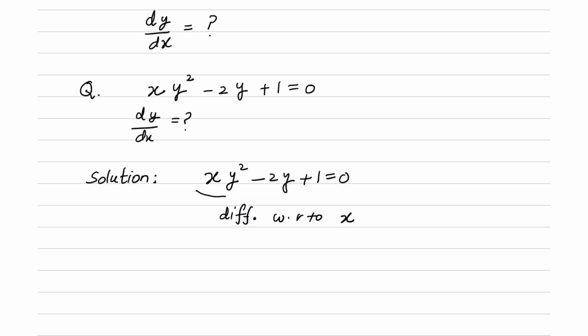Now see this term. This term is written as the product of two terms, x and y square. Whenever two terms are being multiplied, to find the derivative, we will have to apply the product rule. So for this term, the derivative would be, by the product rule, the first term as it is, derivative of y square with respect to x.